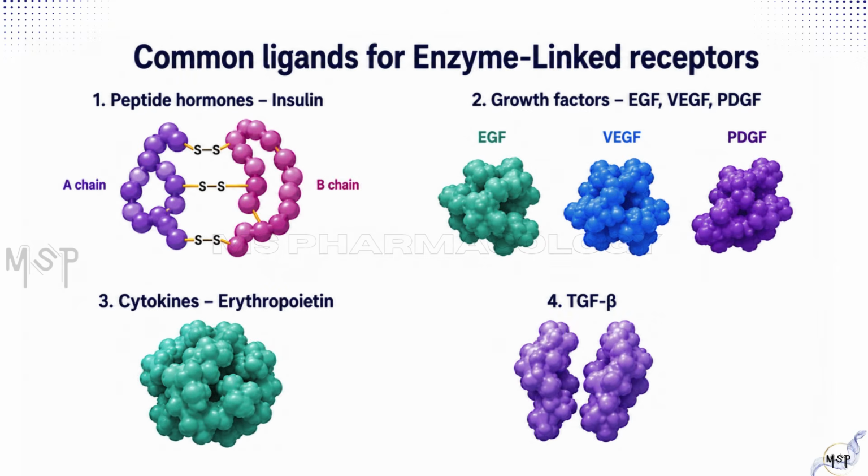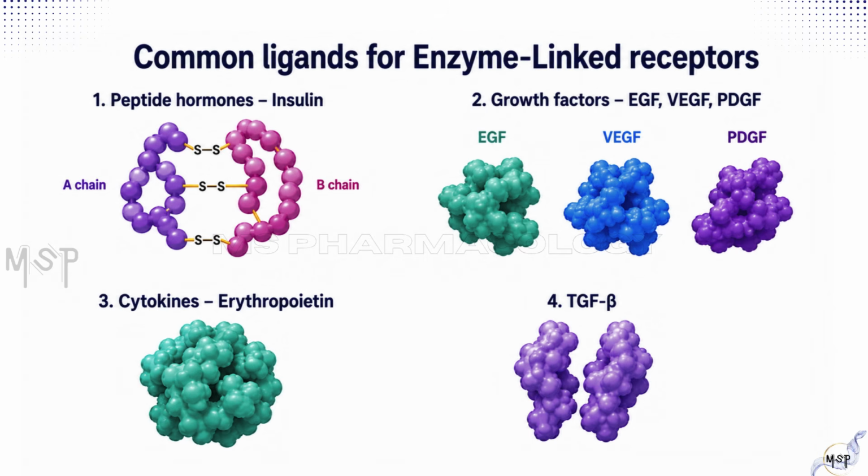Many enzyme-linked receptors are activated by relatively large signaling molecules, such as peptide hormones, growth factors, and cytokines. Examples include insulin, which binds to the insulin receptor, epidermal growth factor, or EGF, which binds to the epidermal growth factor receptor, vascular endothelial growth factor, or VEGF, which binds to VEGF receptors, platelet-derived growth factor, or PDGF, which binds to PDGF receptors.